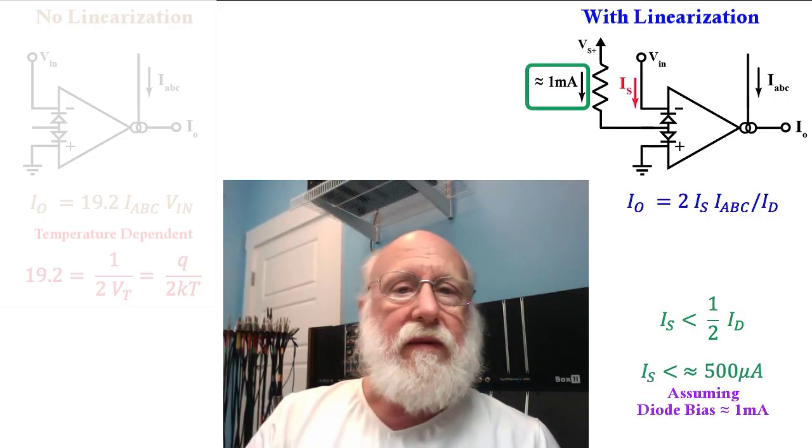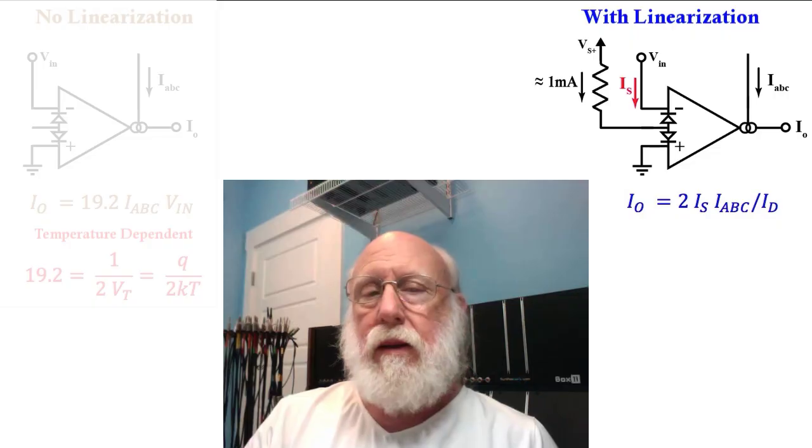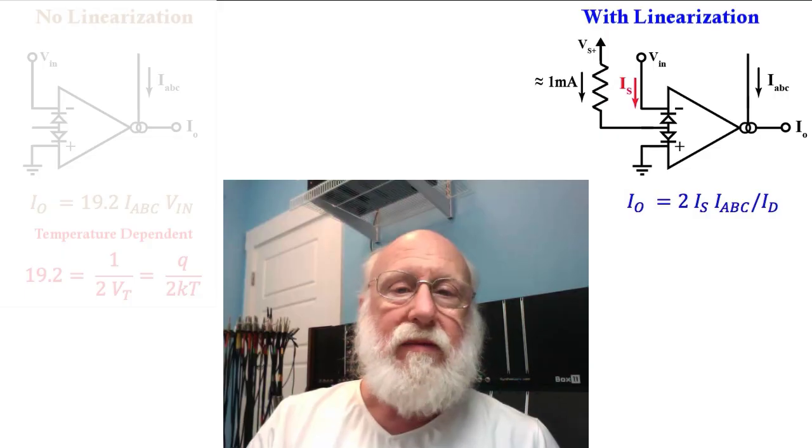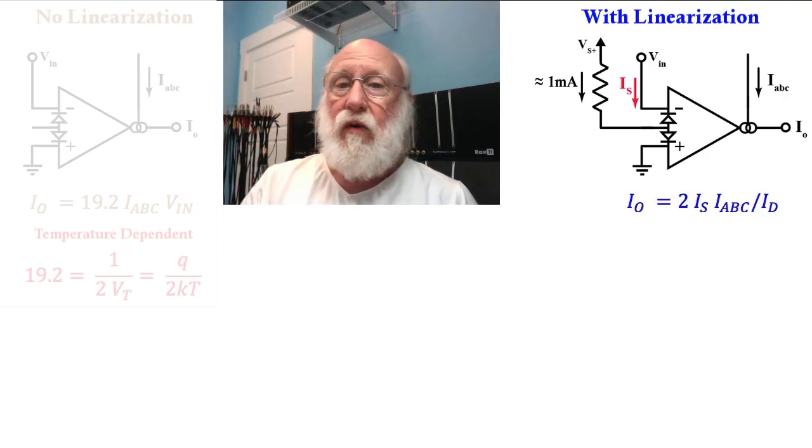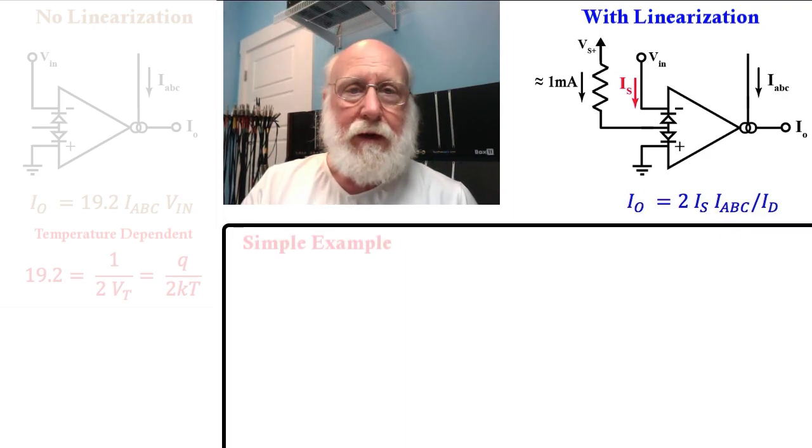Now, determining the input current can be a little bit tricky because of the nature of that input. However, we can make some assumptions and come fairly close by simply finding the Thevenin equivalent of whatever is connected to that input.